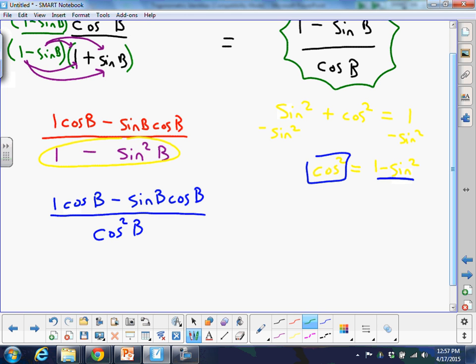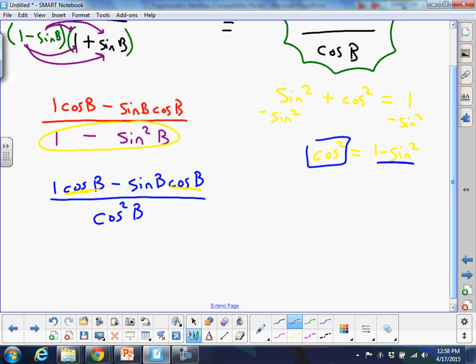Right now in blue we have it as cosine squared b, but I'm also noticing there's a cosine b in each of these. So just to make sure we do our reducing and canceling correctly, what actually happens here is we factor out this cosine b from both terms. It's kind of like undistributing, right? You factor it out. Cosine b, we would need to multiply that by 1 minus sine b.